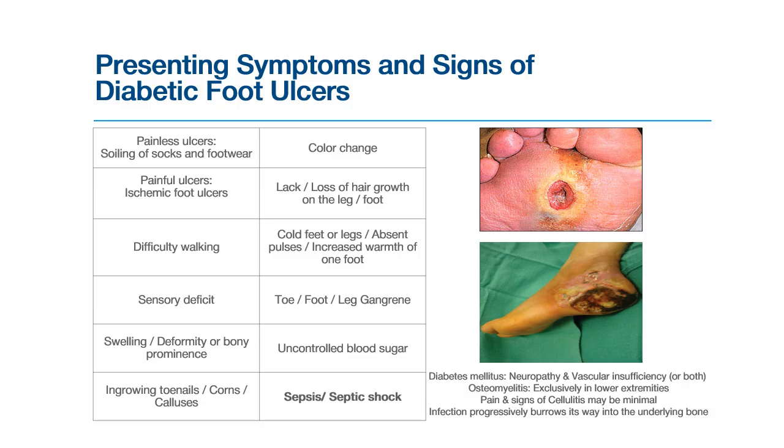Color change may be secondary to the vascular insufficiency, and there may be lack or loss of hair growth on the leg and foot. This does not lead to ulceration, but it will tell you that there is a problem with the circulation, as well as if the feet are cold or if you feel the pulses and they are absent.